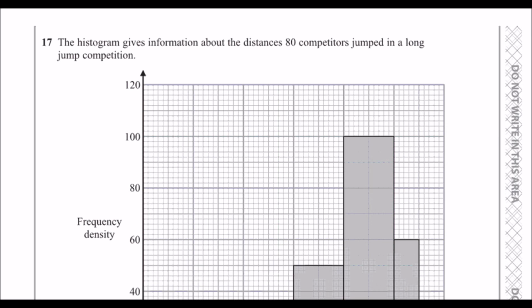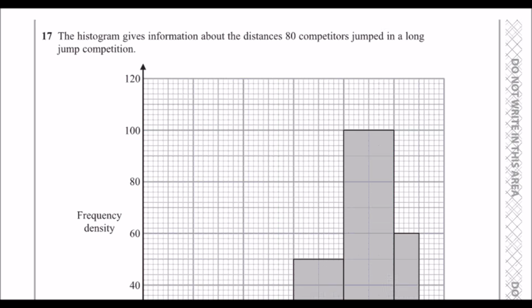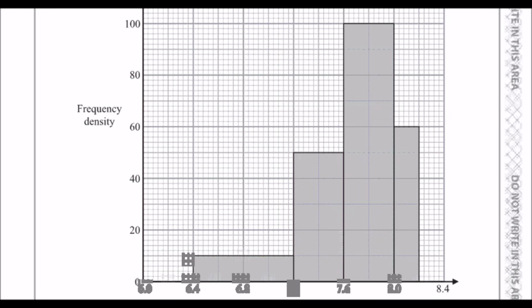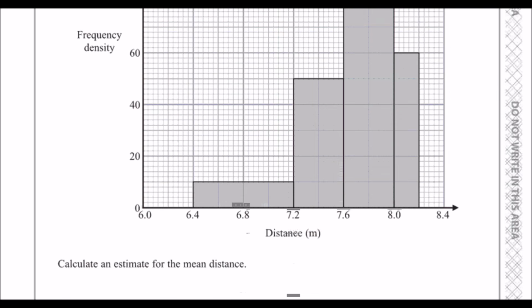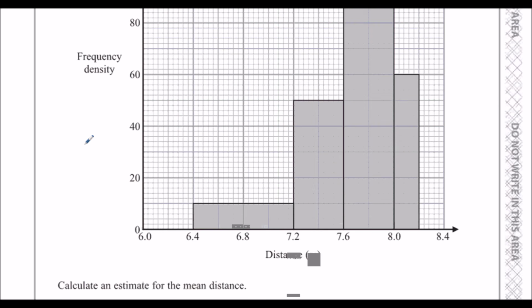Question 17. The histogram gives information about the distances 80 competitors jumped in a long jump competition. So we've got a histogram drawn here. The question says calculate an estimate for the mean distance. So usually when we estimate the mean, we're given information in a table.